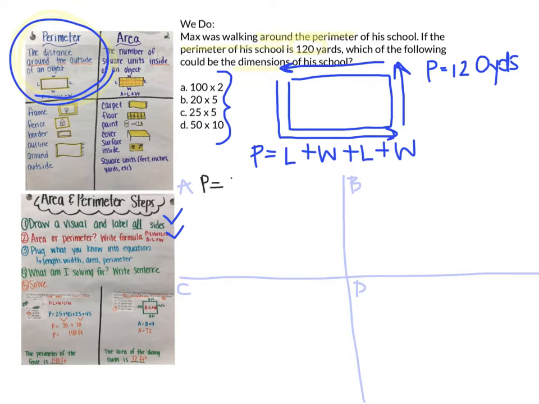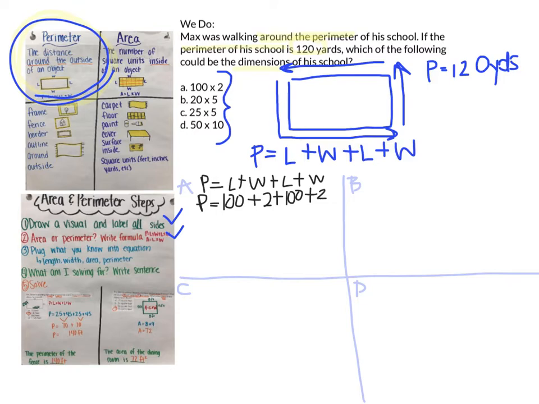Perimeter equals length plus width plus length plus width. So I'm going to plug in the dimensions from answer choice A. Perimeter equals 100 plus 2 plus 100 plus 2.